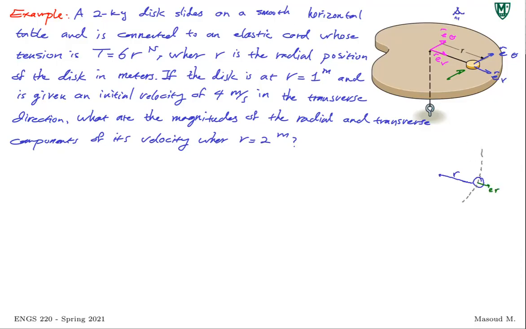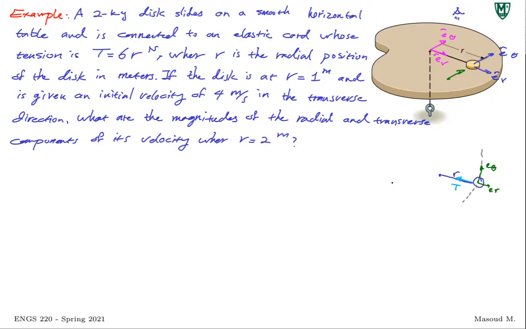Take this as er, take this as e theta, and the force applied to this disk from this elastic cord, T, is directed toward the hole no matter where this disk goes. And remember, this is a horizontal table. So with gravity, weight downward, and normal force upward, we don't really care about those. Normal is equal to weight, that's in the Z direction, if you want to think about it.